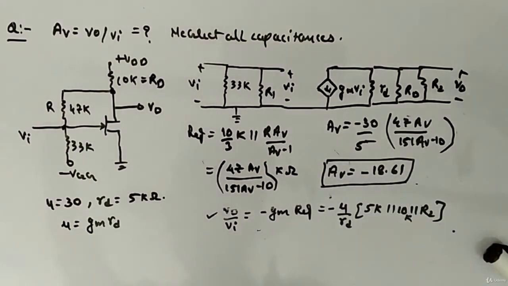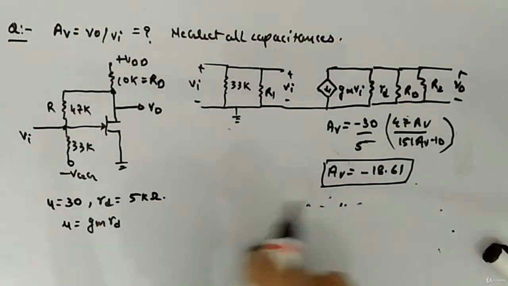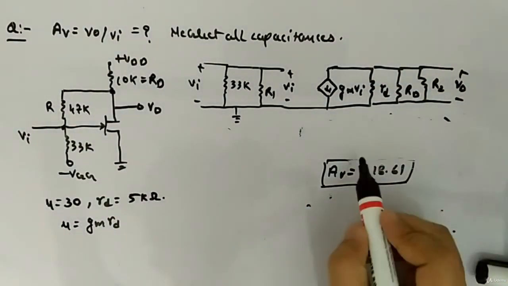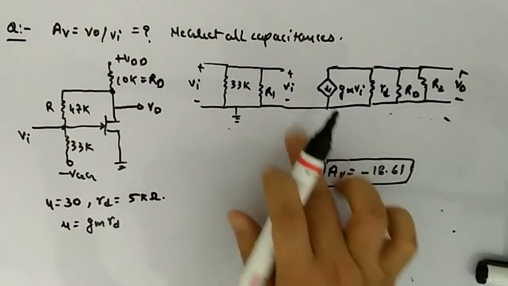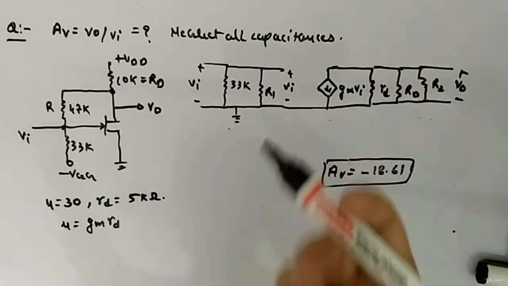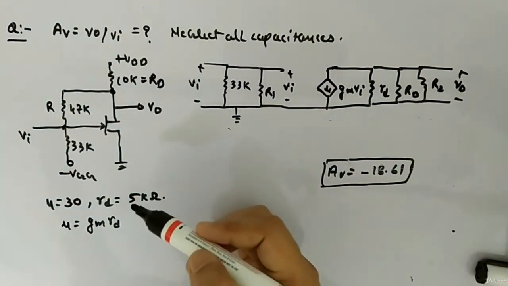Okay, so I hope you got the feel. You got the value of the gain. This was the answer, so nothing new. I just wanted to make you comfortable with Miller's theorem, because most of the time students feel some sort of mental blockage when they see this kind of resistor between the gate and drain.